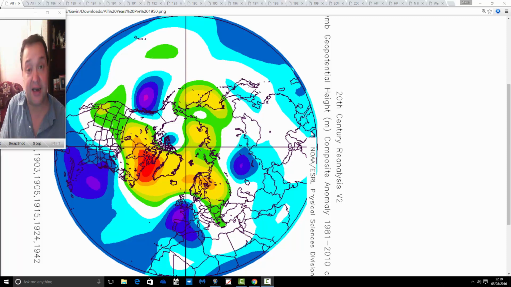So what we did for the analogues update a couple of weeks ago was have a look at autumns that were La Nina autumns, but with the caveat that they had come out of an El Nino event. This update is going to have a look at autumns that are ENSO neutral, but again with the caveat that they've come out of a preceding El Nino.